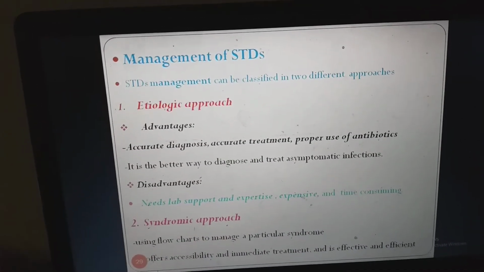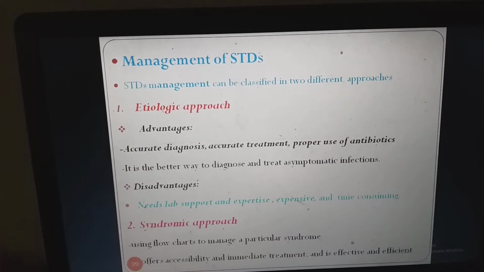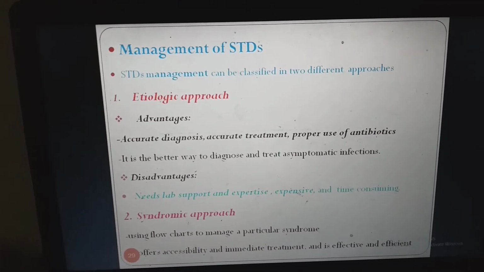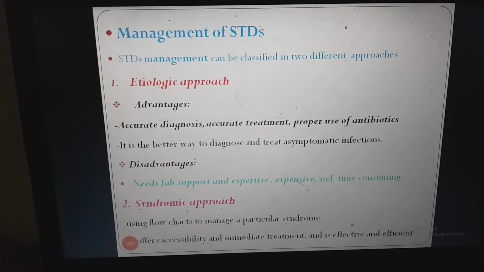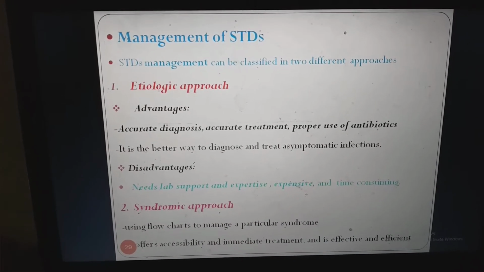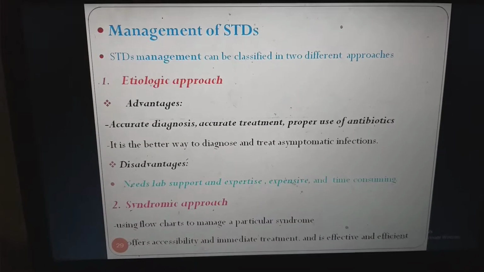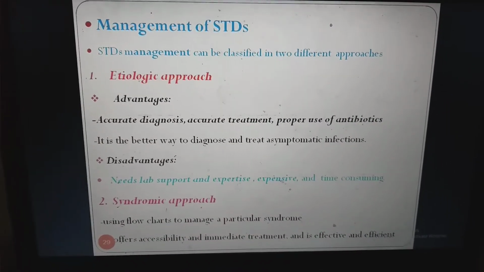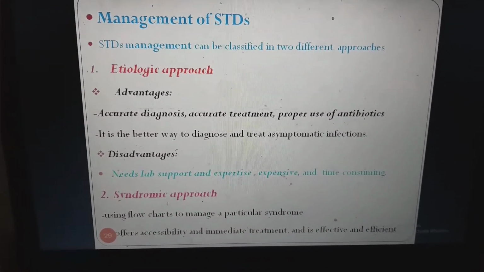Management of sexually transmitted diseases. Sexually transmitted disease management can be classified into different approaches. The first one is the etiologic approach. The second one is the syndromic approach. The etiologic approach means accurate diagnosis, accurate treatment, and proper use of antibiotics.